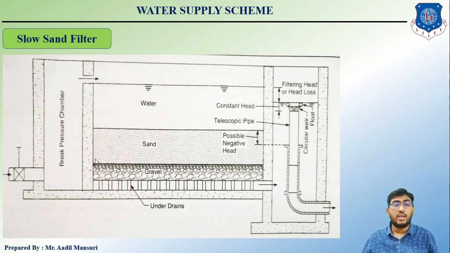At the bottom there are under drains, that is perforations. Above it is gravel, above it is sand, and above that is the water. The water passes through the sand layers and gravel layers, then into the under drains, and from there it is taken to the supply system.